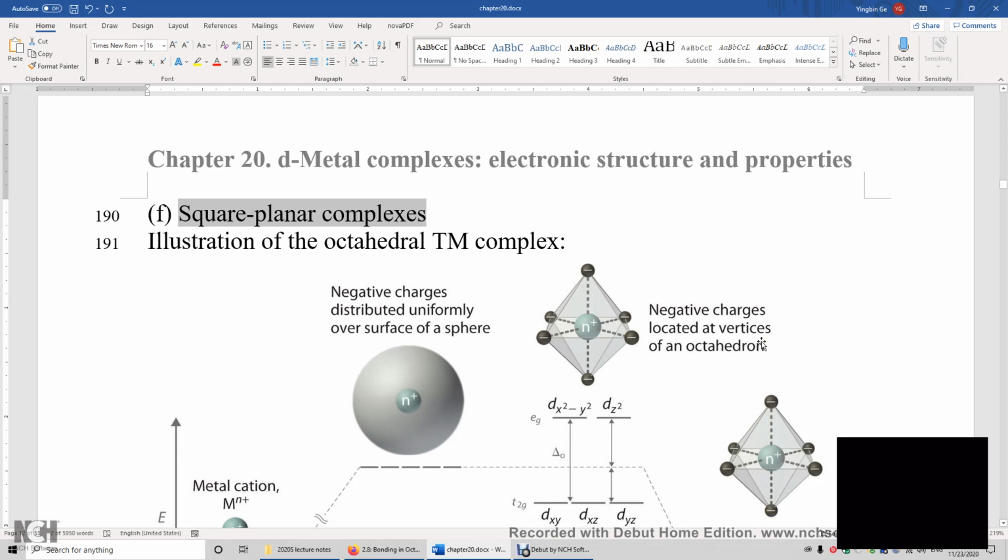Section 20.1, Crystal Field Theory F. Square planar complexes.